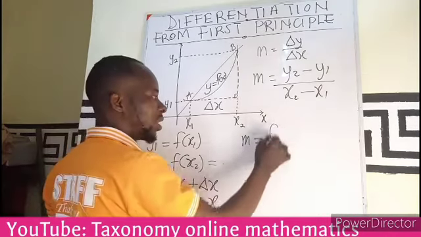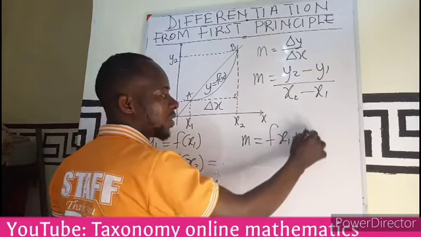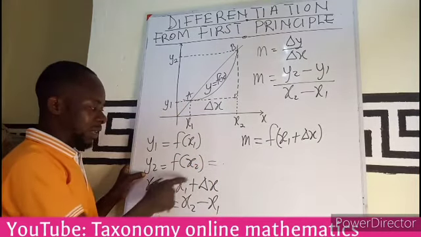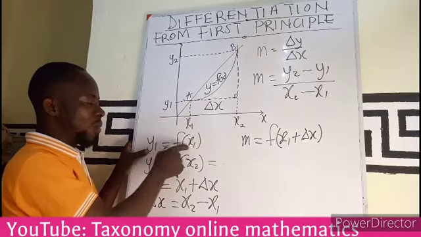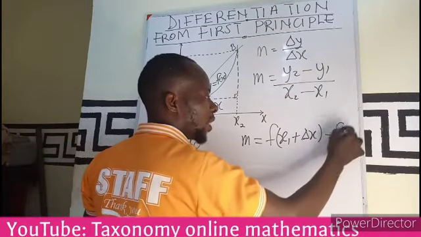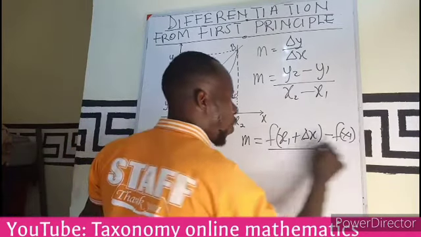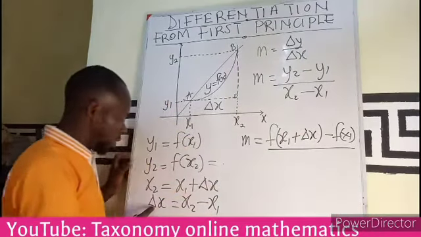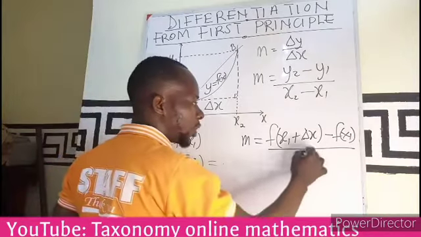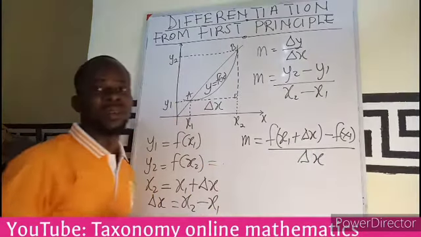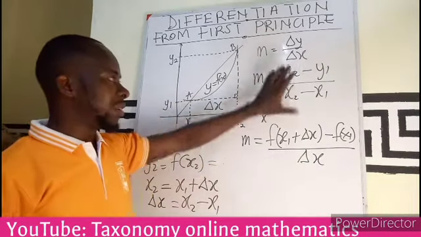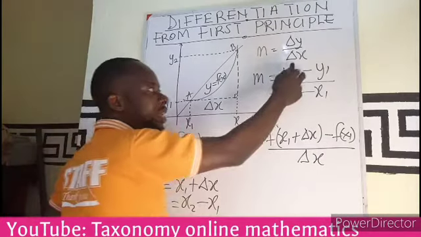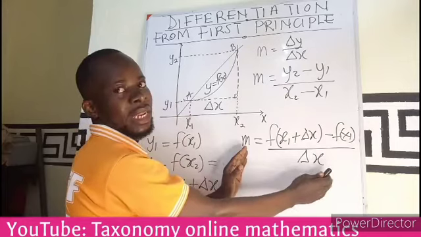So that is going to be f of x1 plus the change on the x-axis, then minus f of x1 for y1, all over x2 minus x1, which is also taken as the change on the x-axis. So by substitution of this function back into the gradient function, we get something like this.